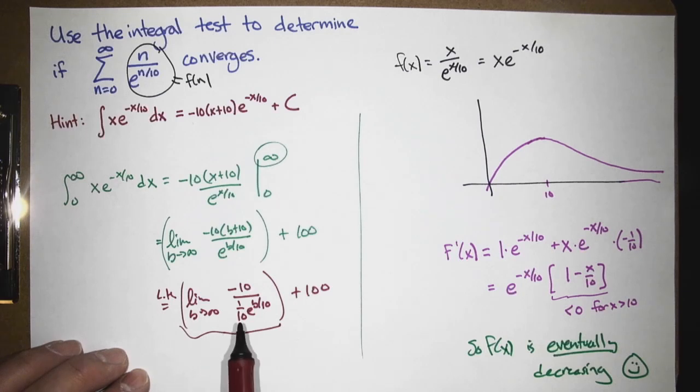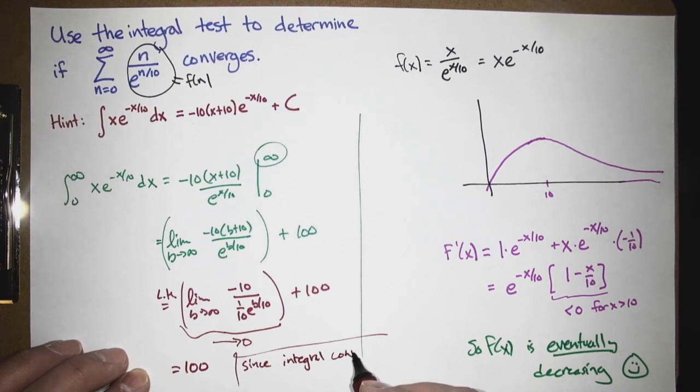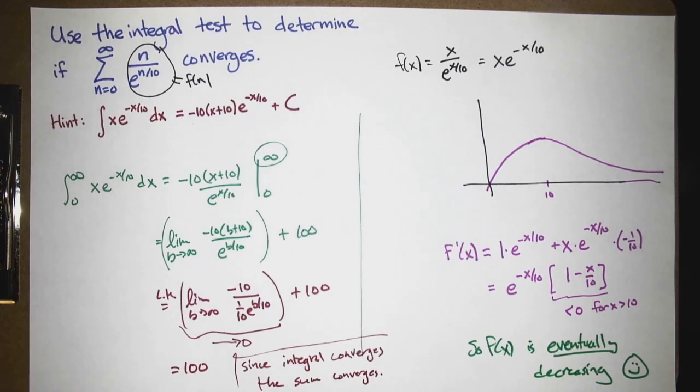It goes to 10 over infinity, also known as 0. So the integral converges, and since integral converges, sum converges. I know, you're like, Steve, everything's converging. Well, we'll find something which doesn't converge.